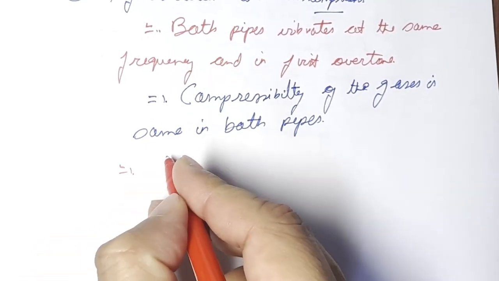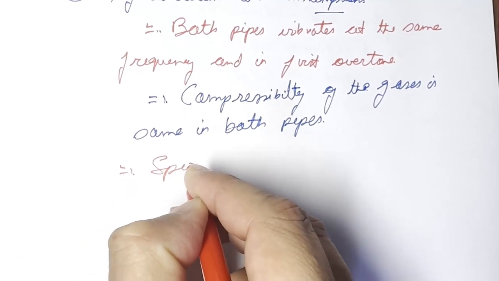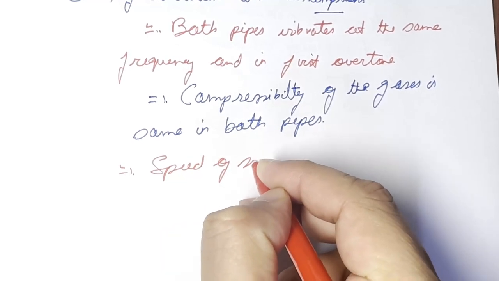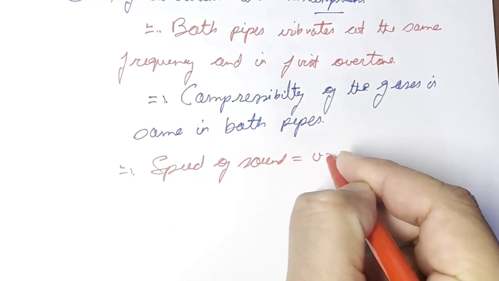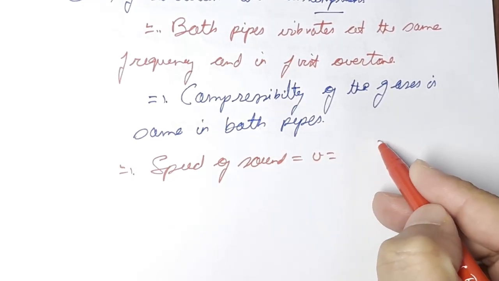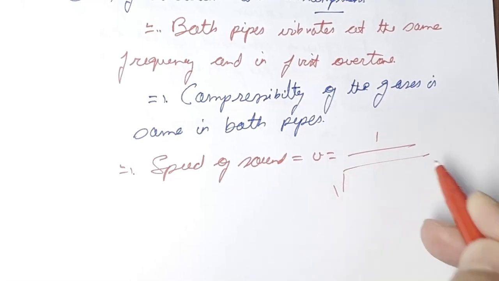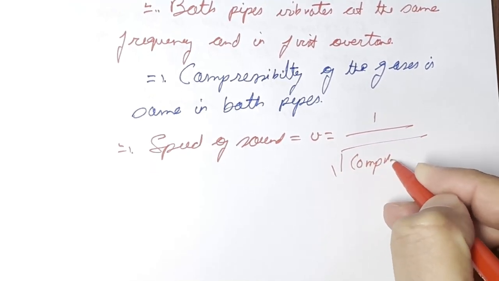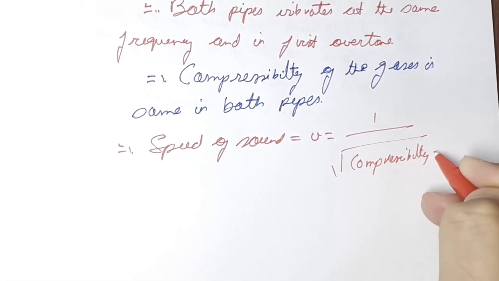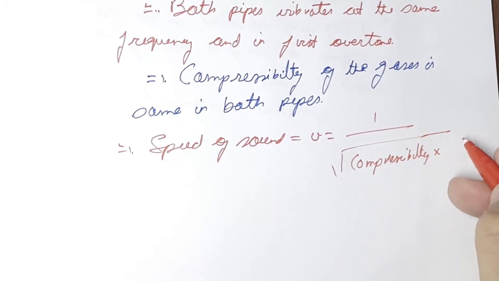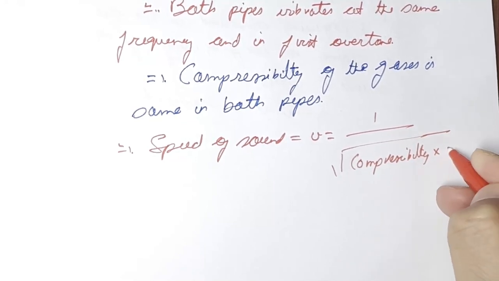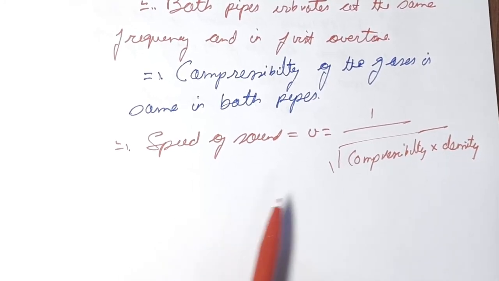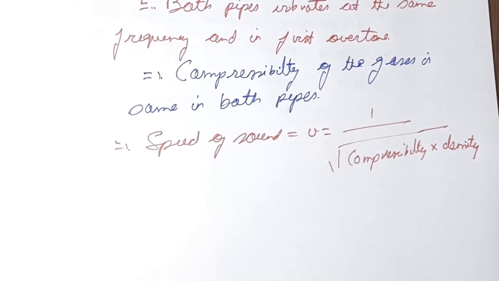The speed of sound, if it is given as V, will be equal to 1 upon square root of compressibility multiplied by density. So compressibility in both the cases is same.